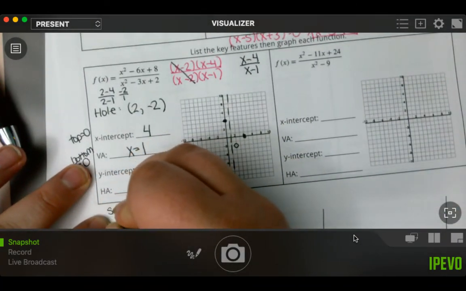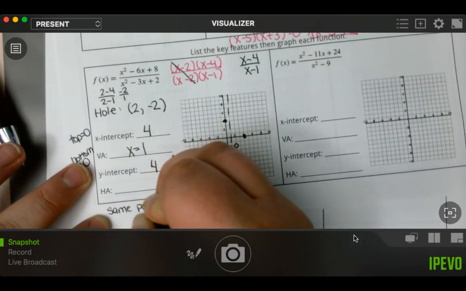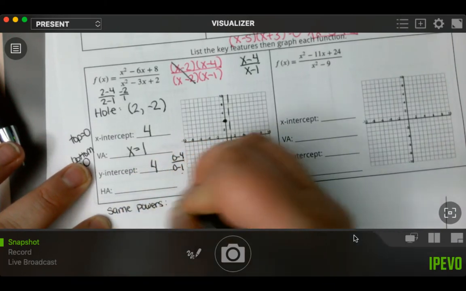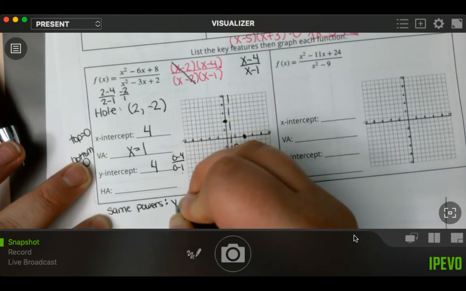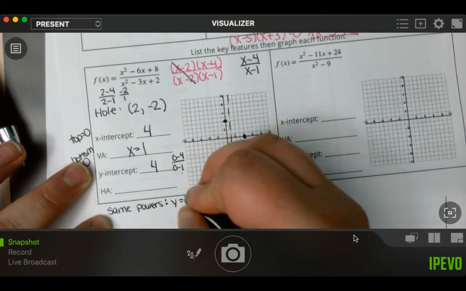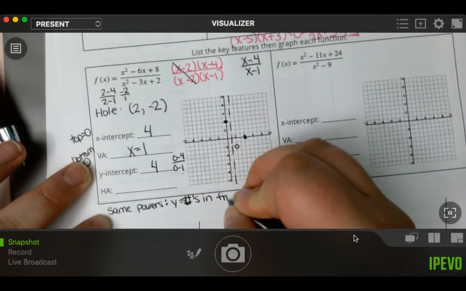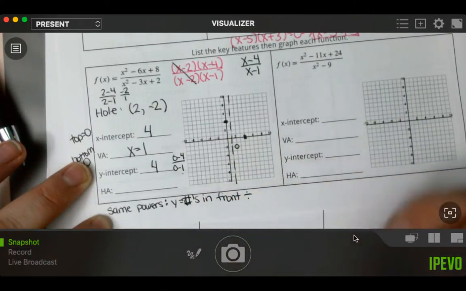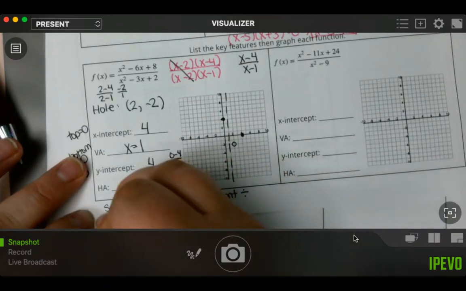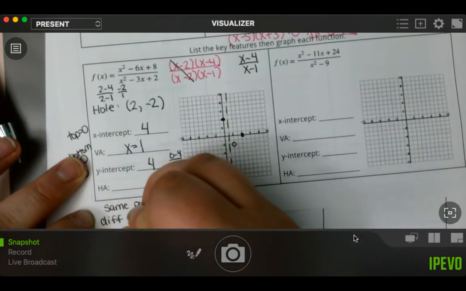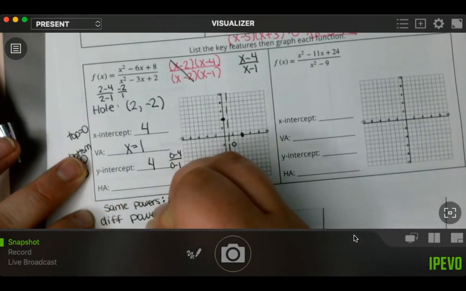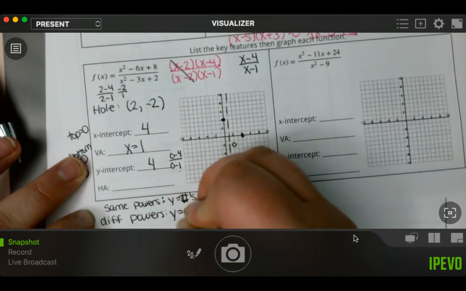If they are the same power on top and bottom, y equals the numbers in front divided. If it is different powers, it is y equals 0.